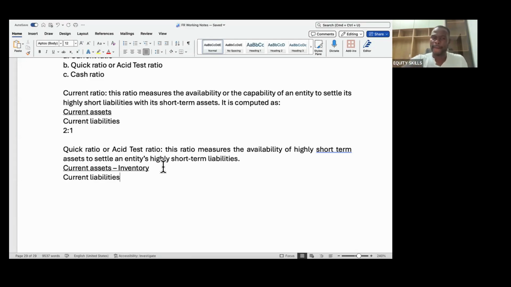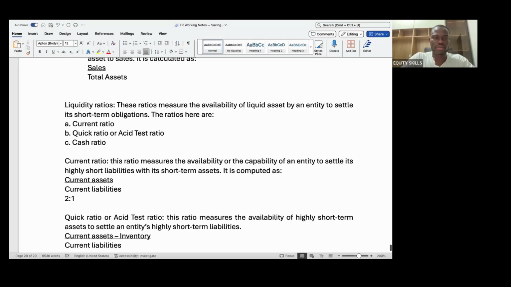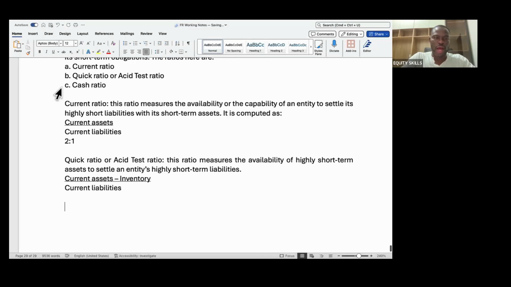So we remove it. It's not highly short term at all. You have prepaid. You cannot go and meet the person and say, give me back my money. You're not expecting cash flow from that end. So we usually remove it, right? Along with inventory, when we are doing analysis in real life.